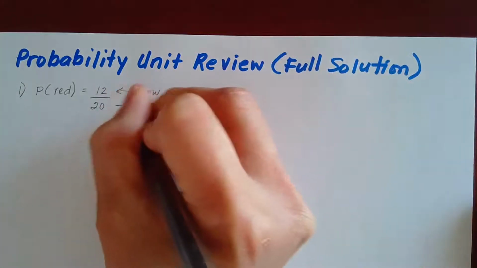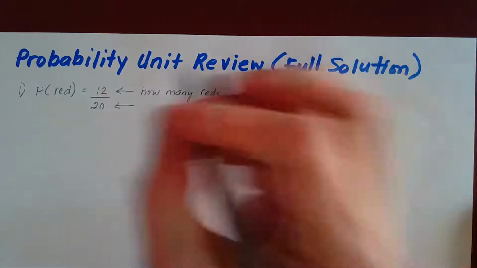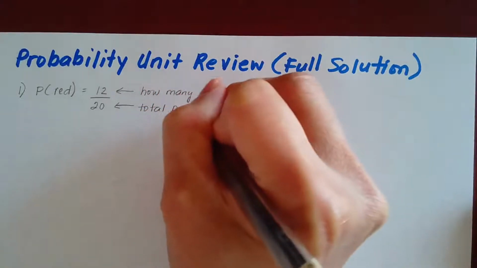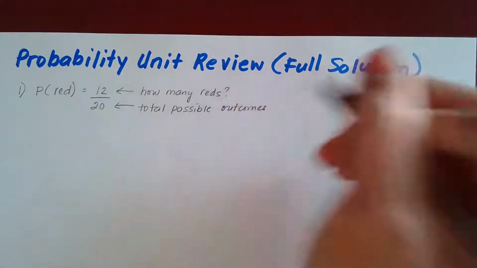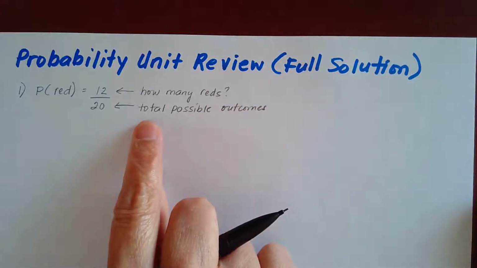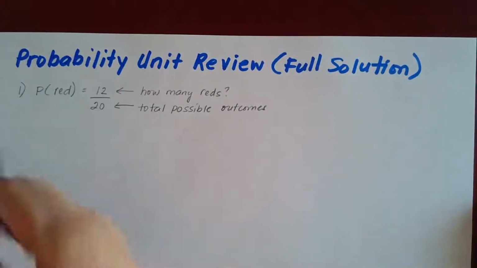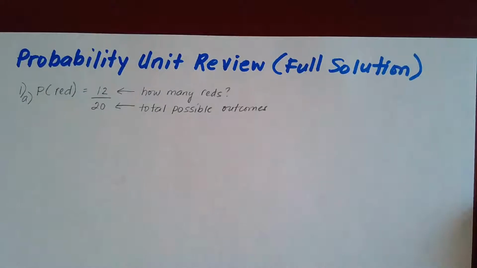The 20 talks about the total possible outcomes, which would be the reds and whatever's the rest. So that's number 1A.